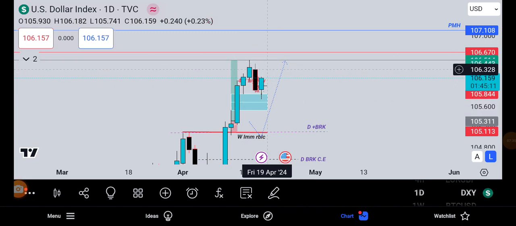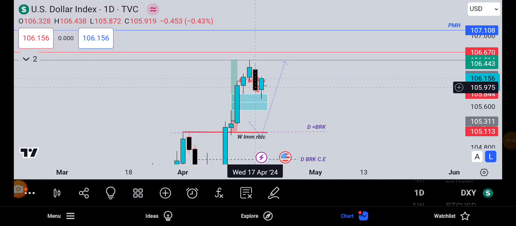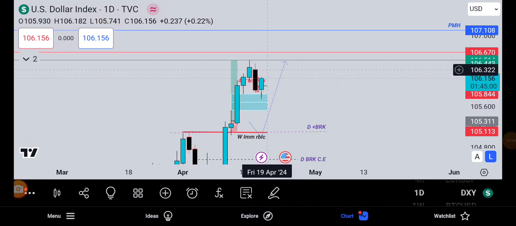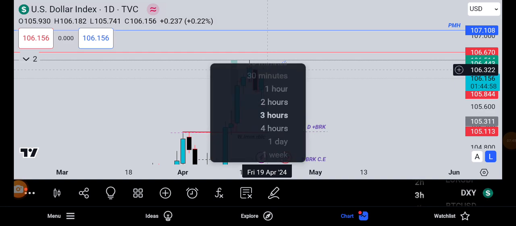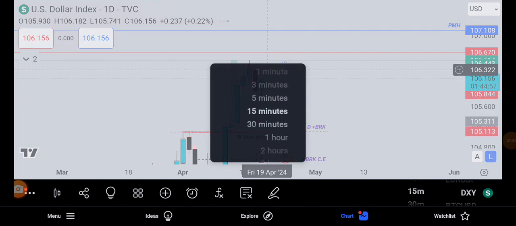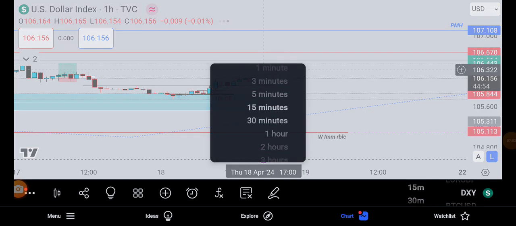I wanted to see price deliver to this daily volume imbalance, right? But what happened today is the market delivered into it. Then you can see this reaction.